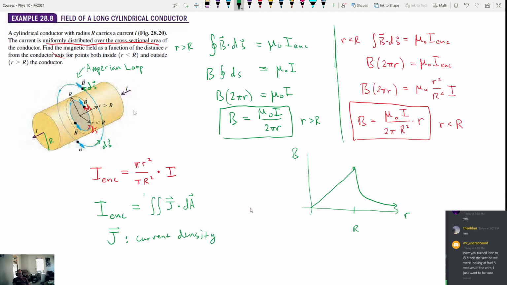And in the problems, I'll give you an example of how this could come up. So for example, the problem we did, the current was uniformly distributed, right? Actually, I'll just stop for a second. Any questions about what we did so far before I make it harder?